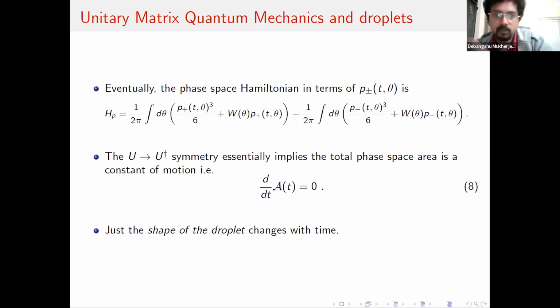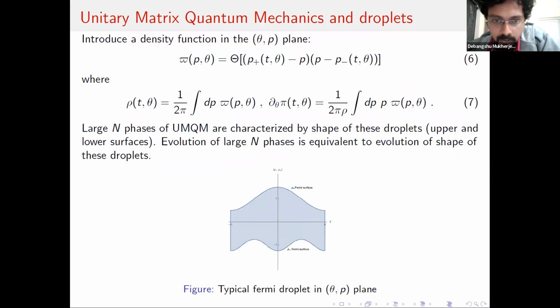So the total phase space area is nothing but this particular area that you see. What I mean is simply that you consider these lengths. This is nothing but P plus minus P minus, or rather I should say P plus plus P minus, because you're simply adding these two and integrating over all theta. That's your area.